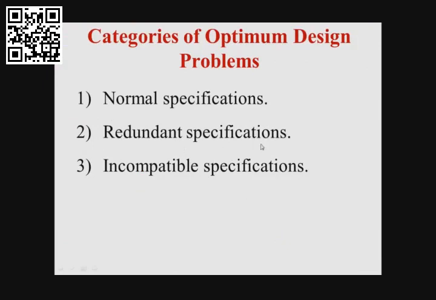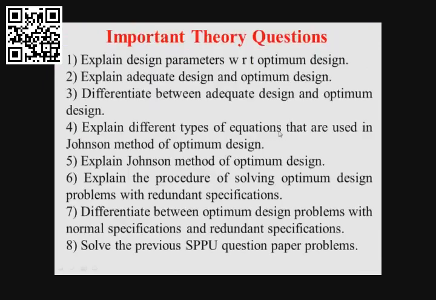Normally problems come on these concepts, and theory questions come on the redundant specifications. So prepare for the theory question on this, and a question may also come on the difference between normal specification optimum design problems and redundant specification optimum design problems.